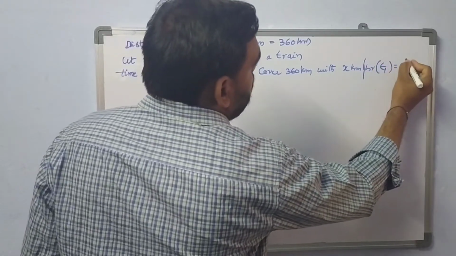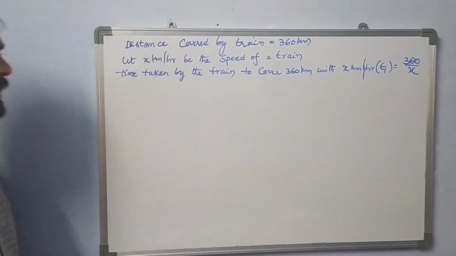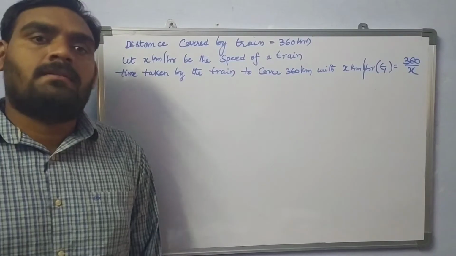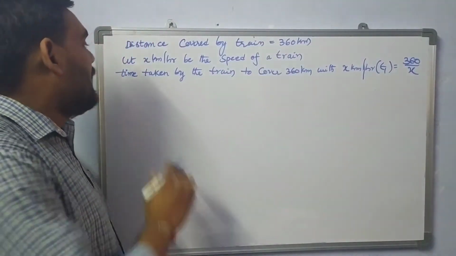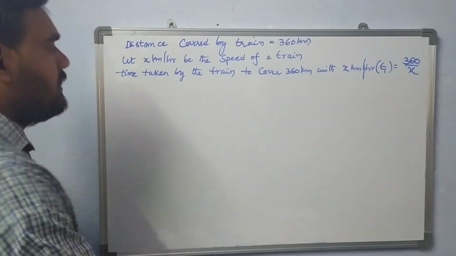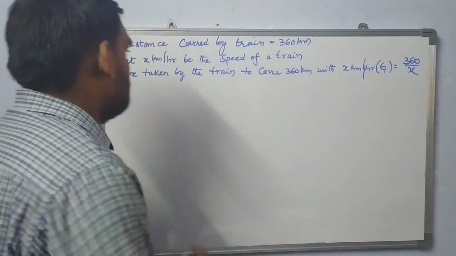T1 is equal to 360 by x. If the speed has been increased 5 kilometers per hour more, the time taken by the train we can write as 360 by x plus 5.